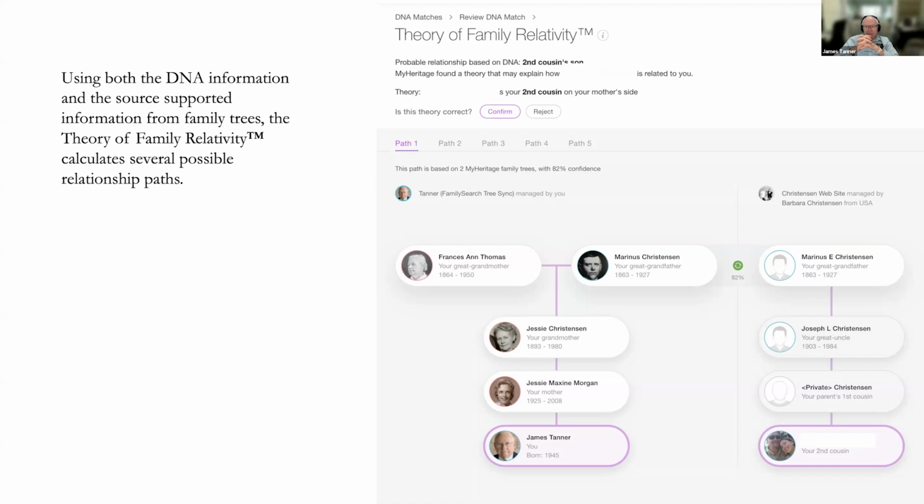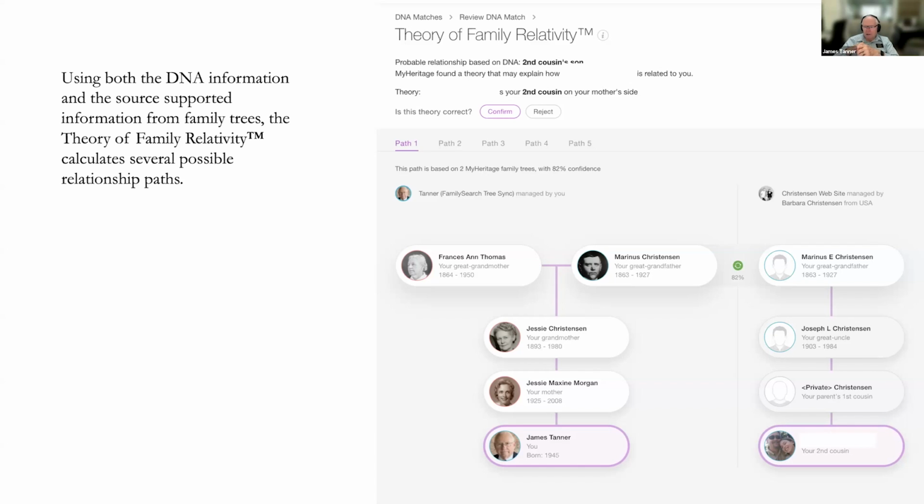And it's based on 2 MyHeritage family trees with 82% confidence. And what it does is it says that this person over here that I've redacted out because I'm not relating to living people, that person is related to me through this chain of relationship.